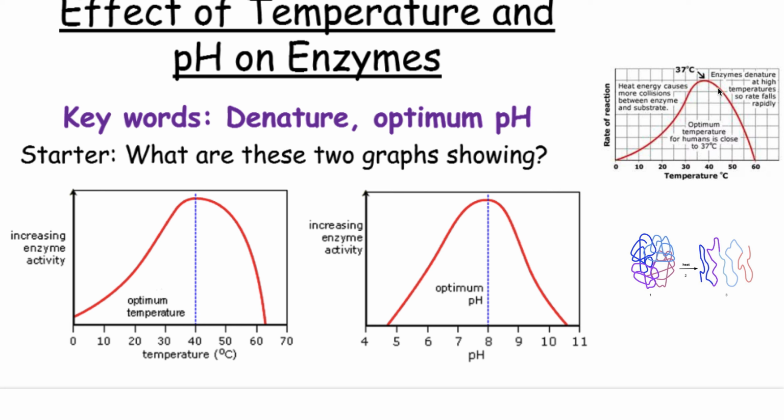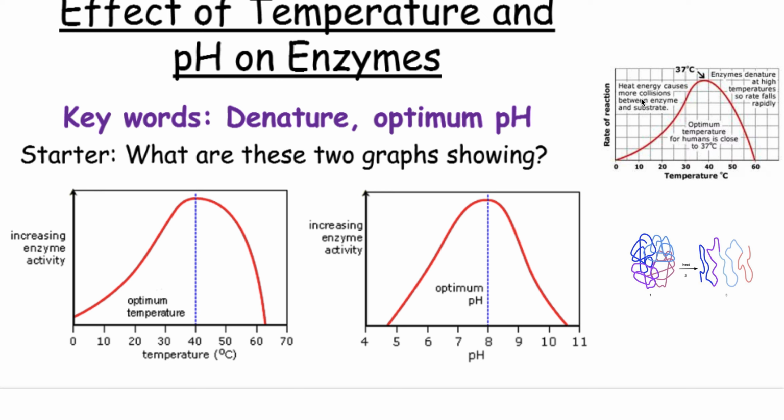The reverse is also true. If this enzyme pictured here has an optimal temperature range between, let's say, 35 and 42, then anything below that is also going to decrease enzyme activity. The reason is that nothing in the world is actually standing still.